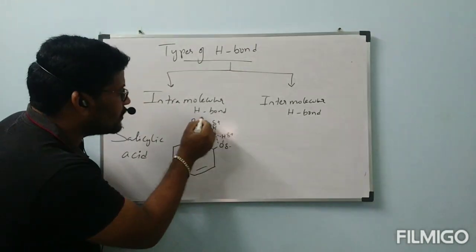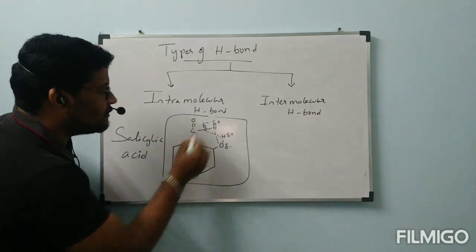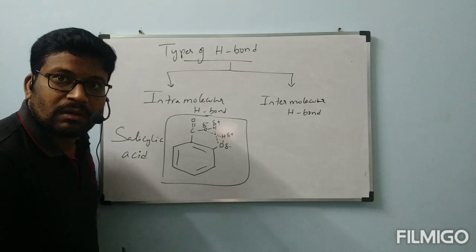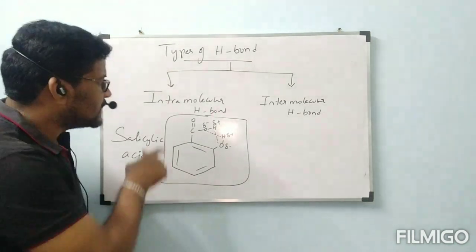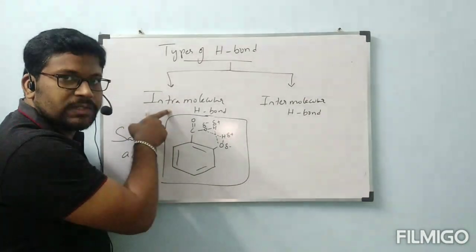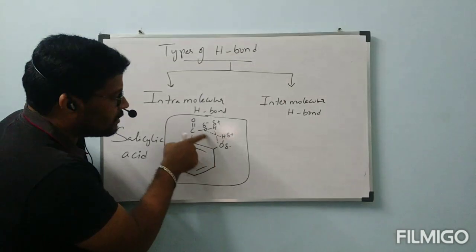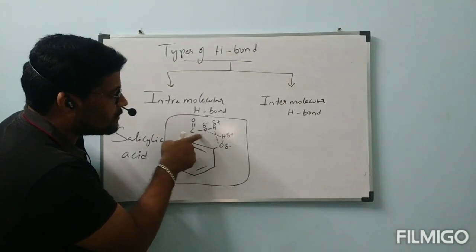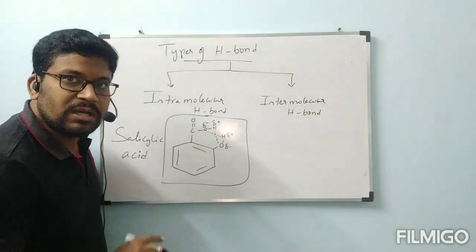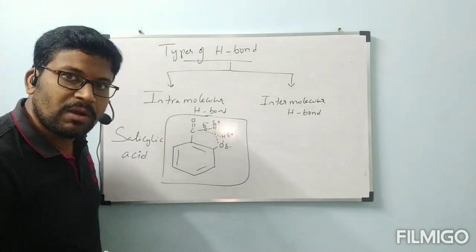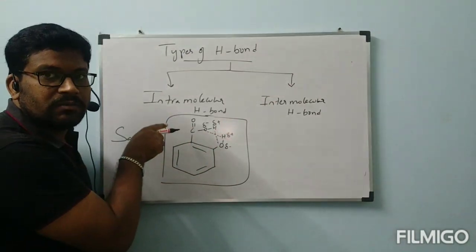This is entirely one molecule only. In the molecule itself, between OH and COOH, we have hydrogen bonds belonging to the same molecule. That type of hydrogen bond is called intramolecular hydrogen bond.